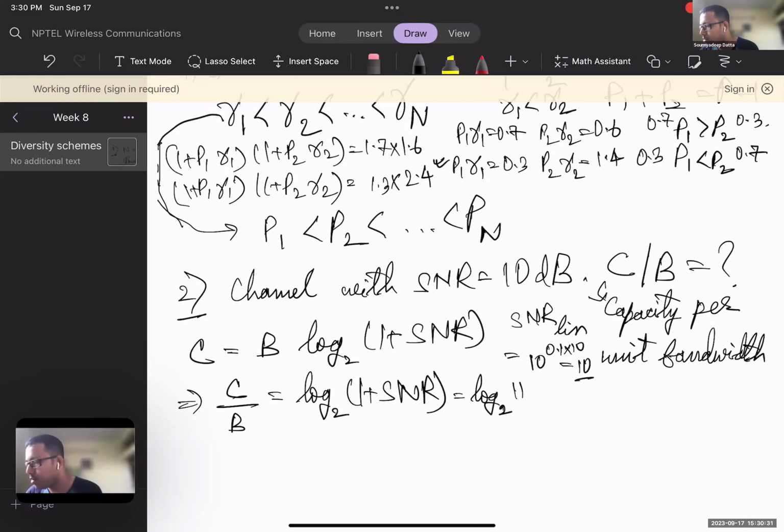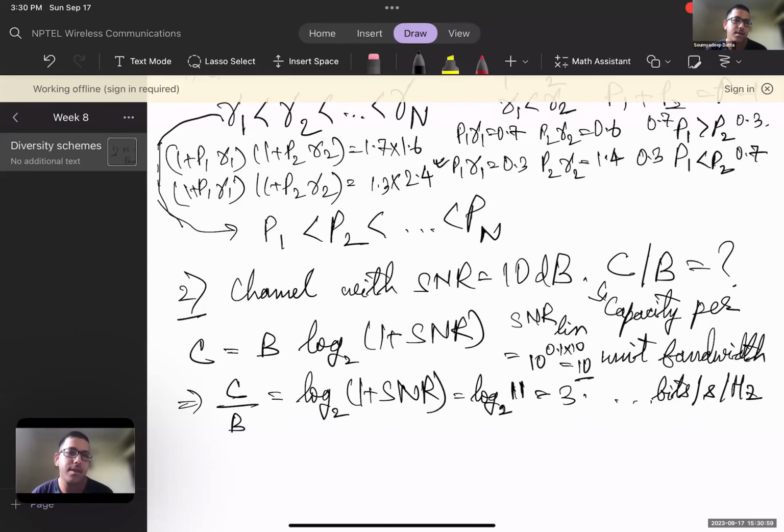You have to remember that this is to the base 2, and you can calculate and tell me the value. It should be something like 3 point something. That should be the answer. And the units will be bits per second per hertz. Because bits per second is the unit, like we normally say so much Mbps is the download speed.